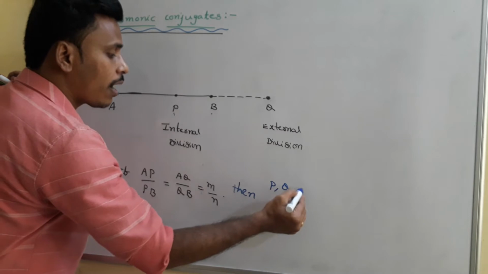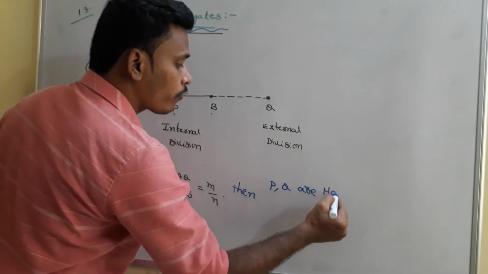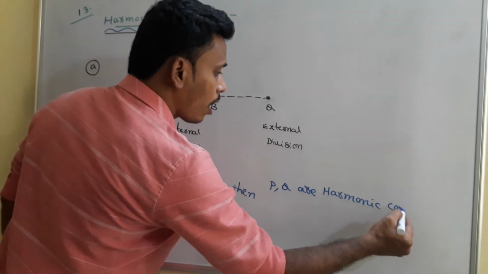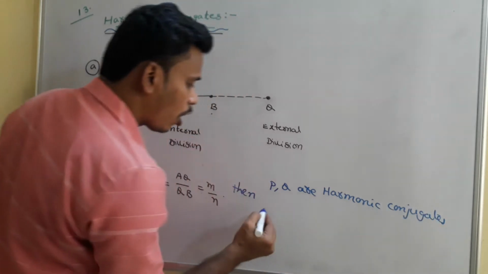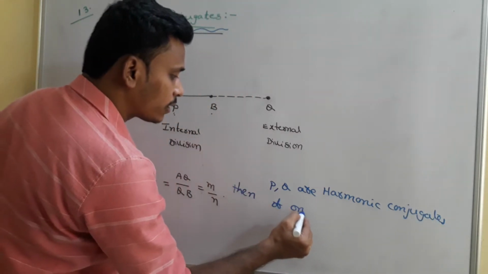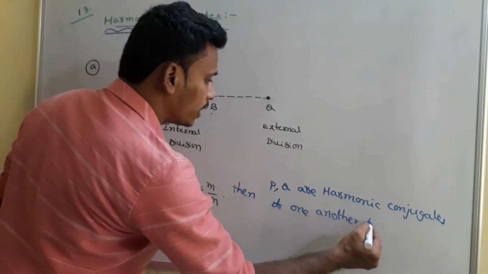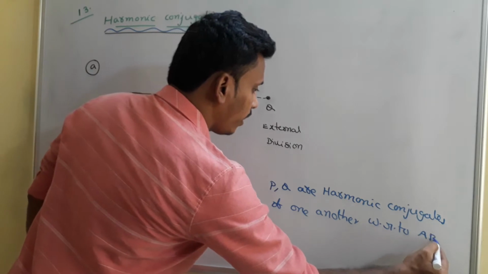P, Q are harmonic conjugates of one another with respect to the line segment AB.